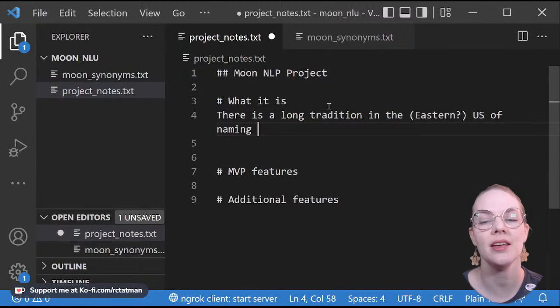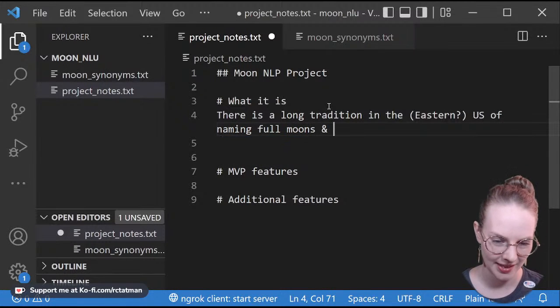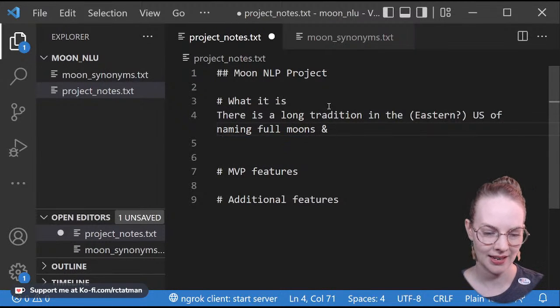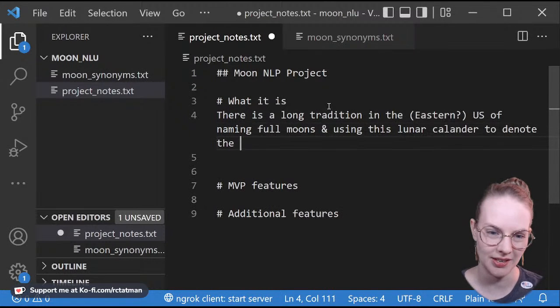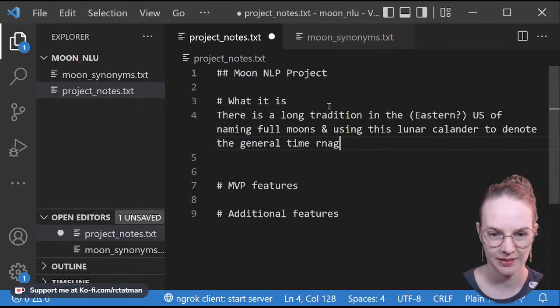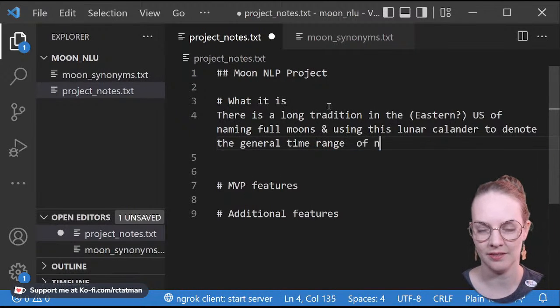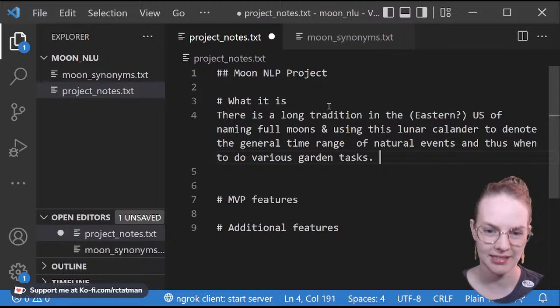Of naming full moons and using this lunar calendar to denote the general time range of natural events, and thus when to do various garden tasks.